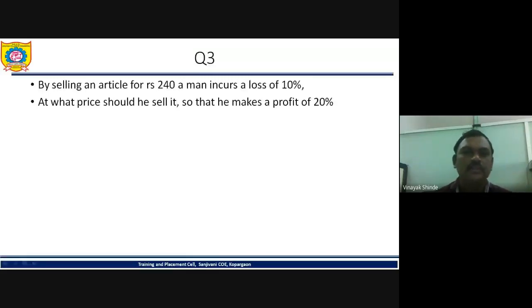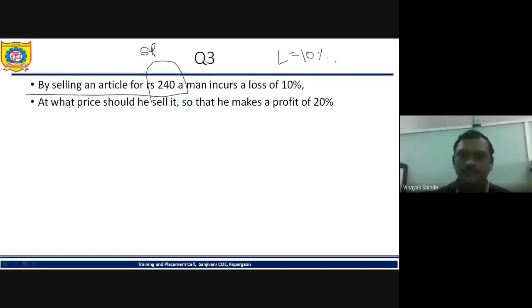So the question says, by selling an article for rupees 240, so this is one selling price, a man incurs a loss of 10%. So he is getting a loss. Then the second line is, at what price should he sell?